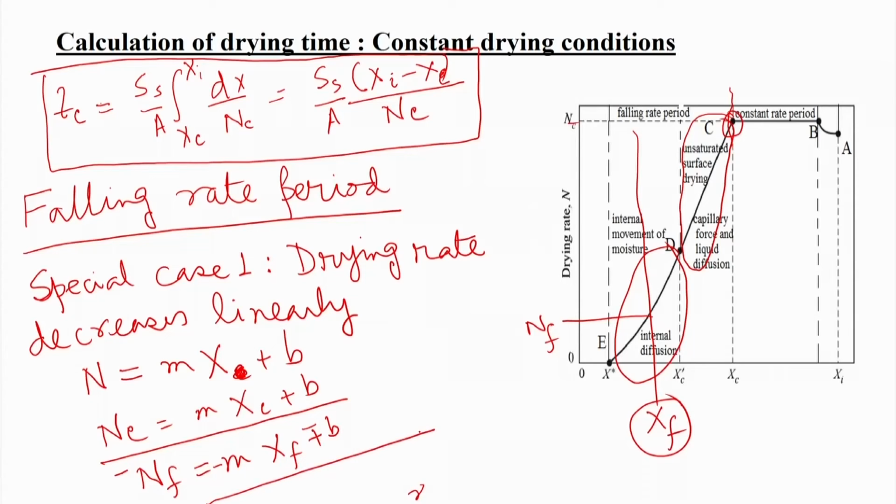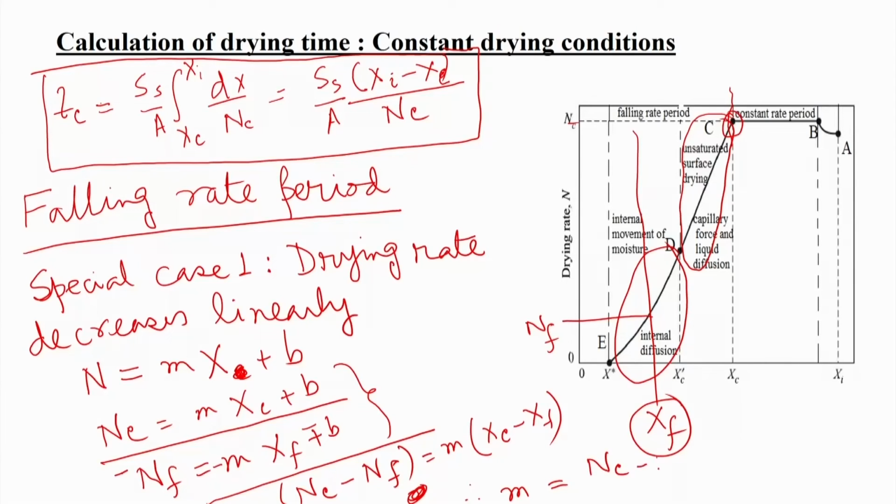So, from these two equations we will be getting N_c − N_f = m(X_c − X_f), or we can say m = (N_c − N_f)/(X_c − X_f). So this is the slope of this line.